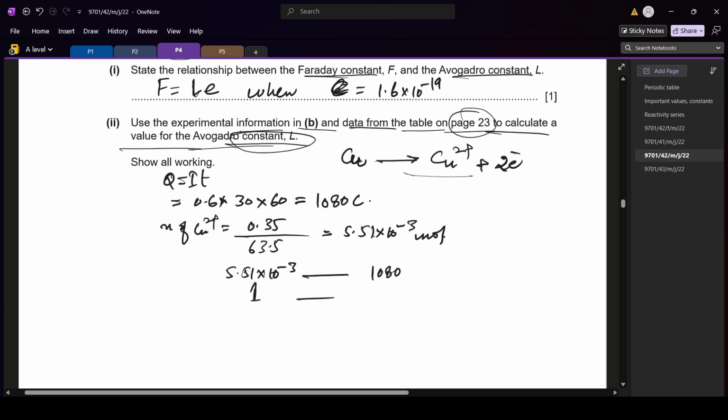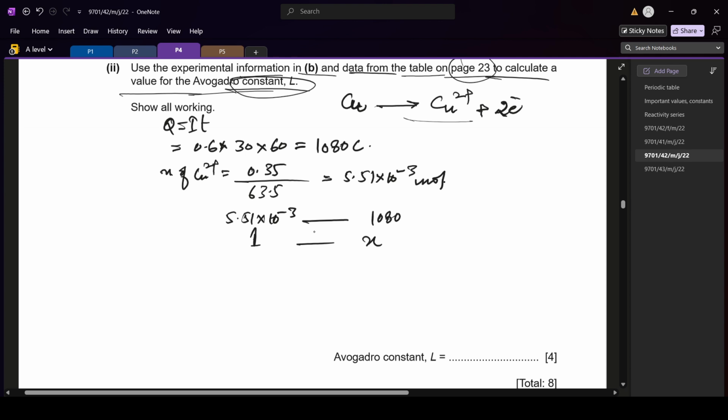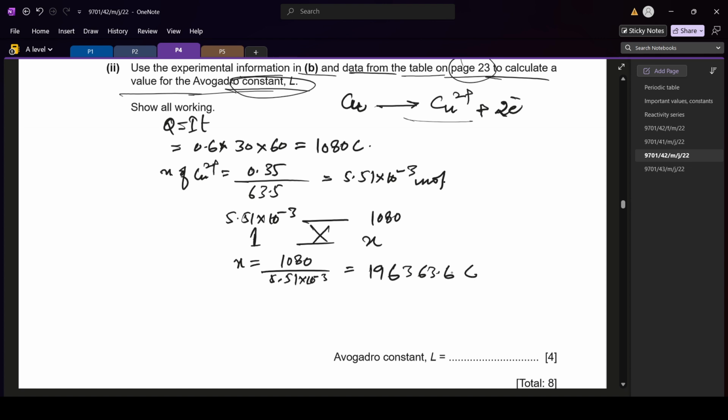Let the charge be x. By ratio cross multiplication, we will have x as 1080 divided by 5.51 into 10 to the power minus 3. So you will have a value of 196363.6 coulombs. Okay, this will be the charge on 1 mole of copper 2 plus ions.